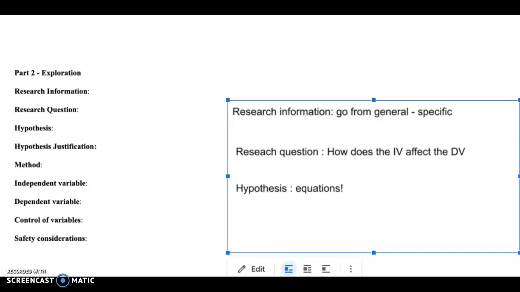The research information is where you introduce the science behind your topic, and you start from the big topic, from the general physics to the more specific. I'll give you an example. You might be doing a sports one that relates to projectiles. Very common. So you talk about motion first. You would define SUVAT.